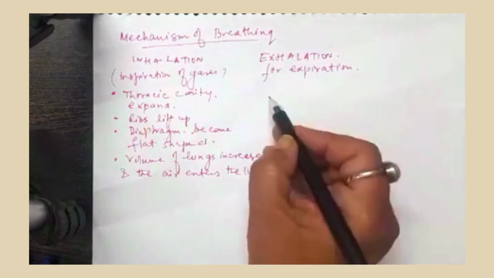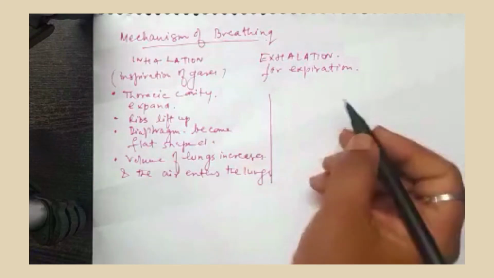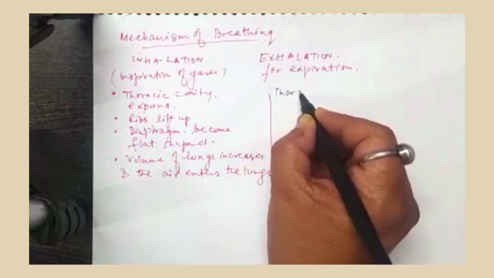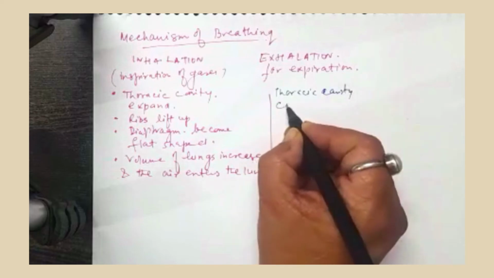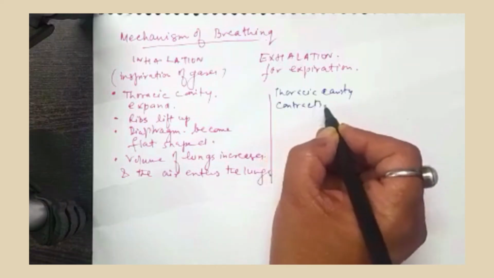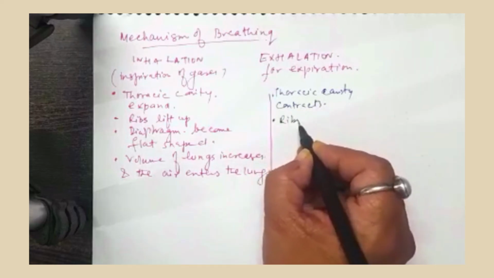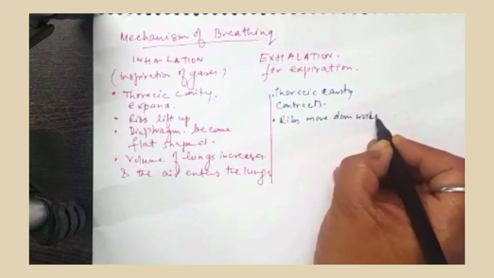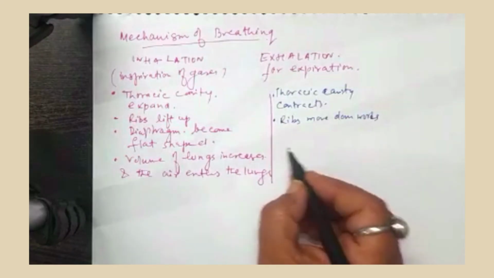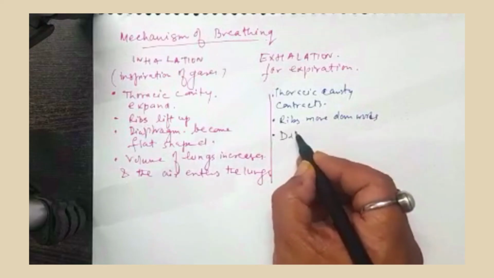And in exhalation, we see what? We see the opposite of it. Thoracic cavity contracts. Ribs move downwards. Then diaphragm takes its original shape.